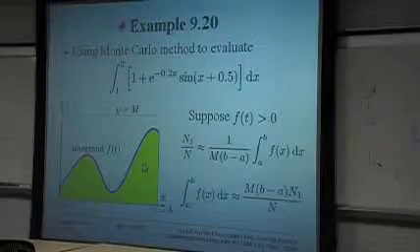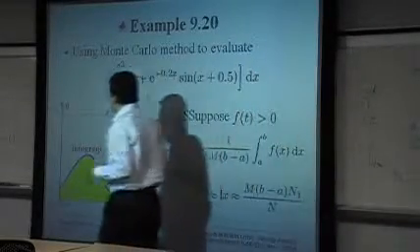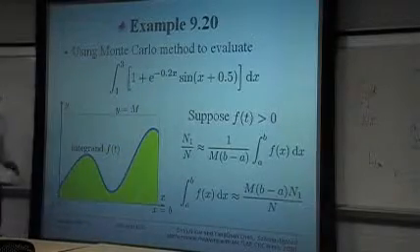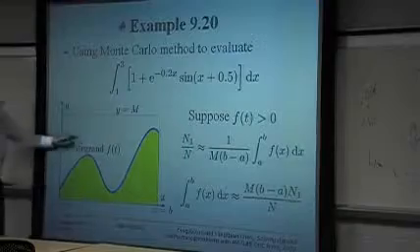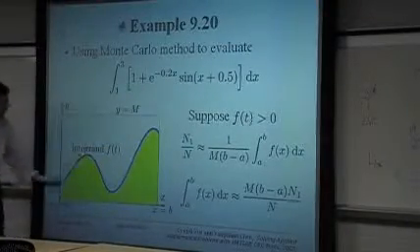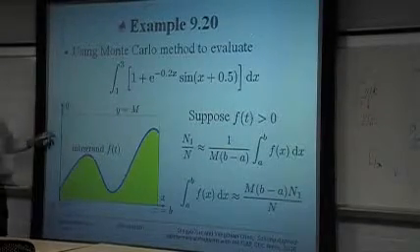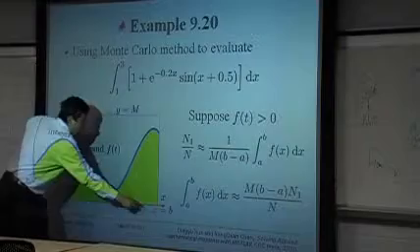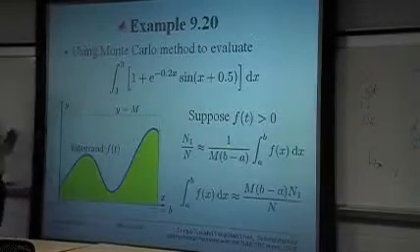And if we extend this idea into the integral problem, where we want to find the definite integral, if this function, if the value of the function is all larger than 0, we can generate a series of random numbers within this rectangle.